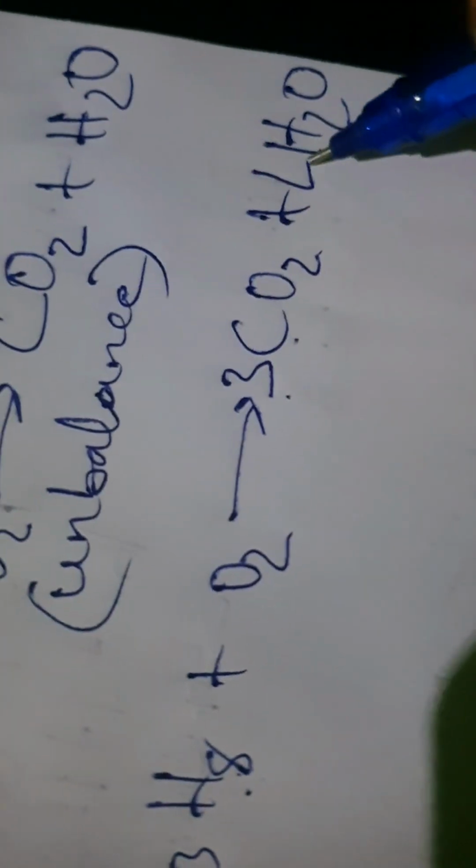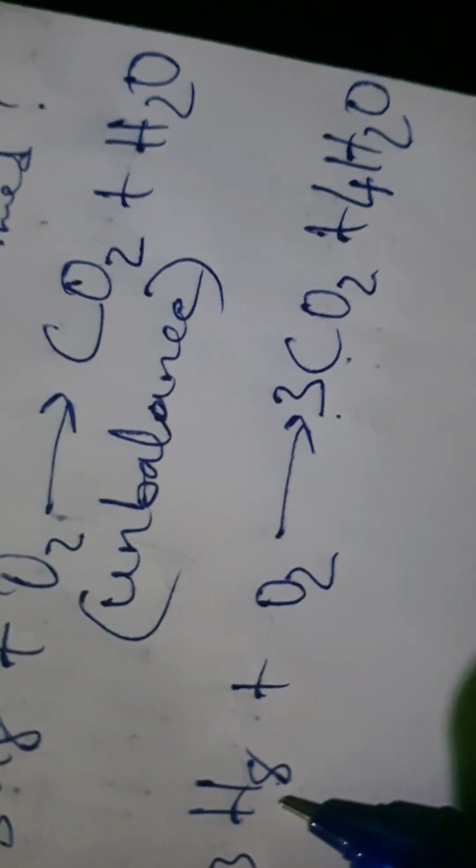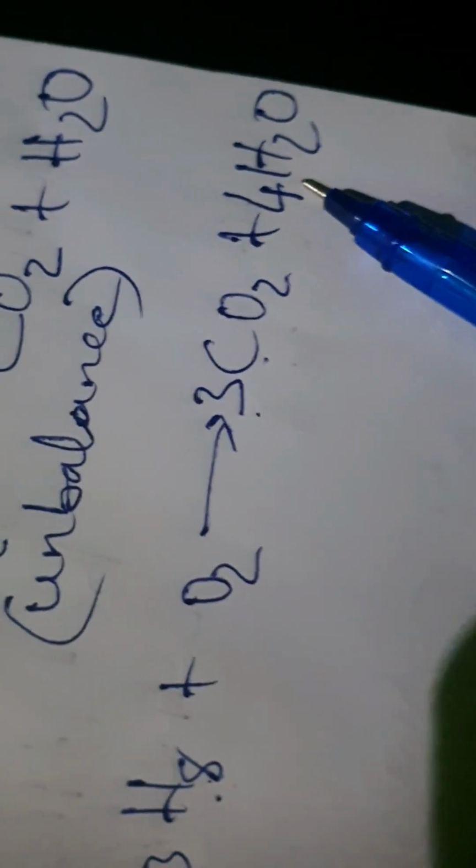So carbon 3, carbon 3. We have done with carbon. Now let's go to hydrogen. We have 8 hydrogen here, but here we have 2 hydrogen. So for us to have the exact number, 8 divided by 2 gives us 4. So we write 4 here. Now we have 8 hydrogen here, 8 hydrogen here.